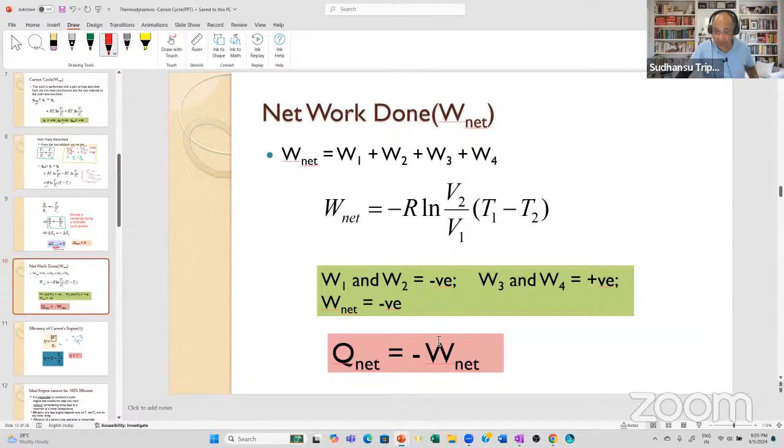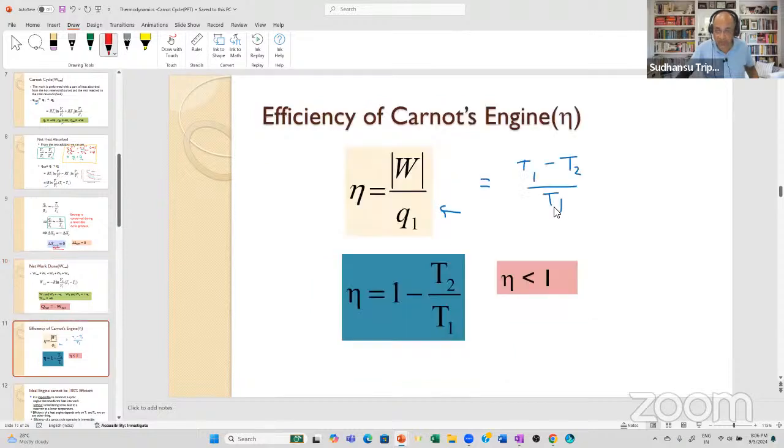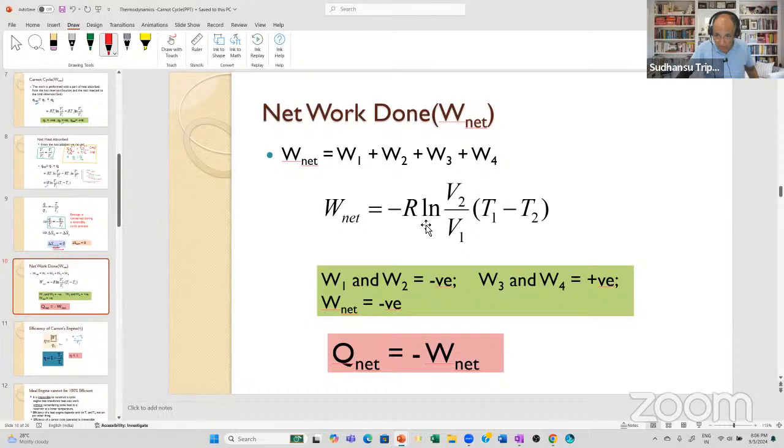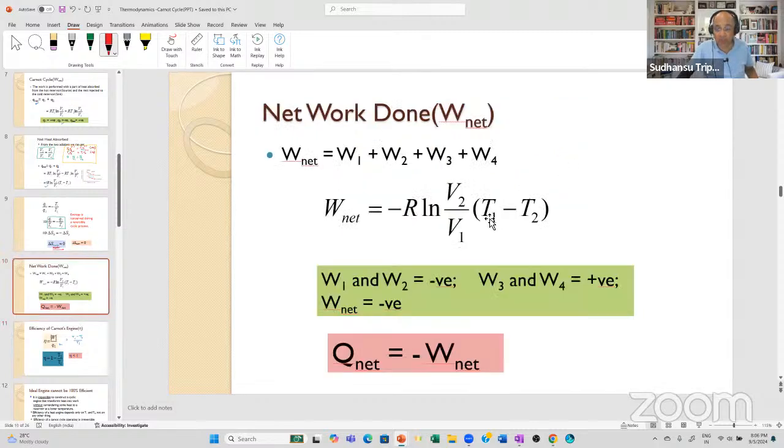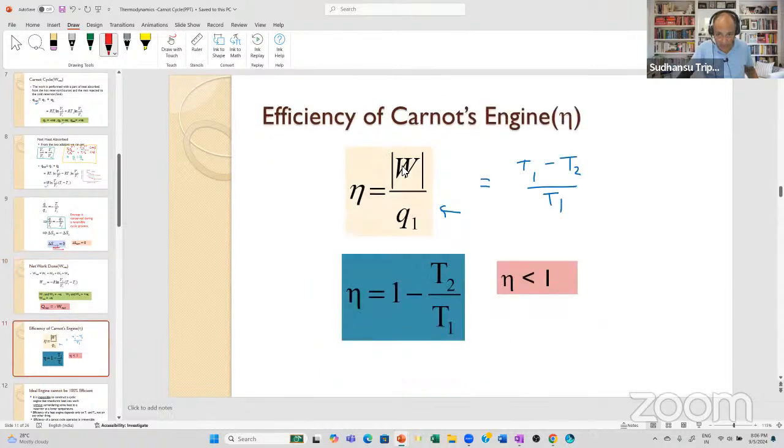So if you write the net work done without the minus sign, it is R ln V2 by V1 into (T1 minus T2), and Q1 is R T1 ln V2 by V1. So R ln V2 by V1 will cancel out. You are left with T1 minus T2 in the numerator, the work side, and T1 in the denominator because it is Q1.